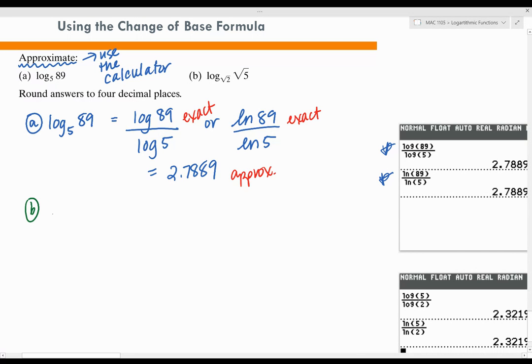So we have log base square root of 2 of square root of 5. So you can either use the change of base formula in the common log or in the natural log version.